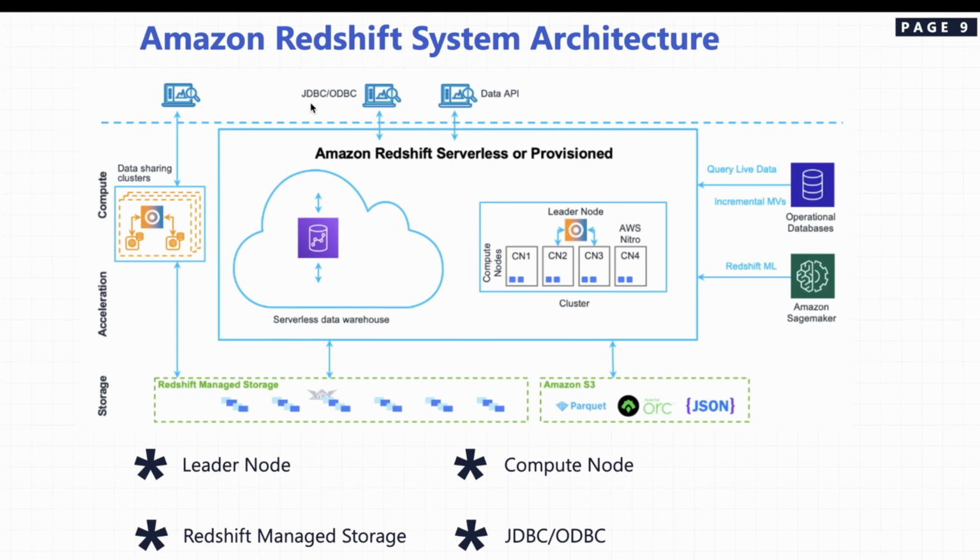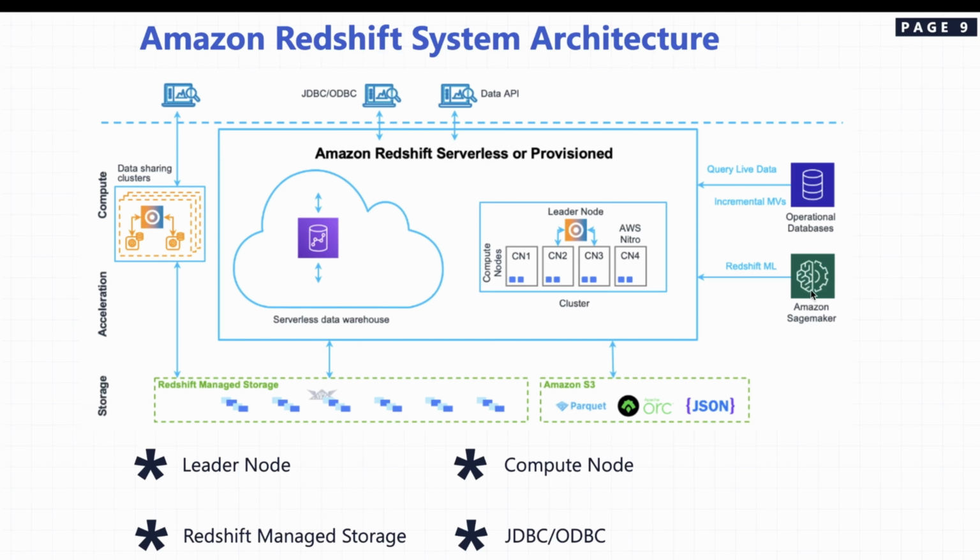Here, JDBC and ODBC are drivers used to communicate with your Amazon Redshift. This is Amazon Redshift, and inside it is a leader node and a bunch of compute nodes, and this is Redshift managed storage, and this is Amazon S3, which is our data lake.